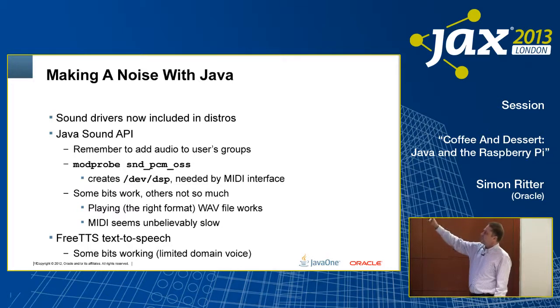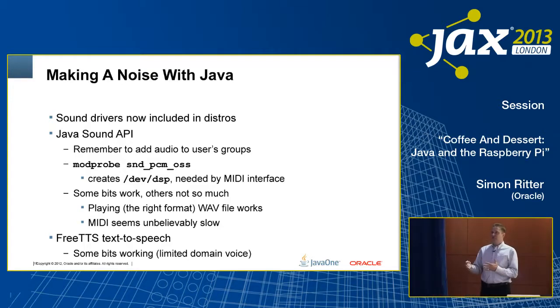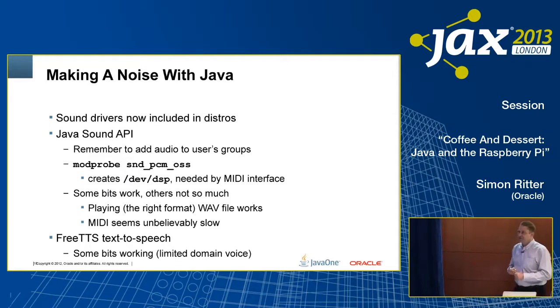One of the first problems was that the early distributions didn't have the sound drivers included by default, so you had to install those separately. That problem's gone away because the default distributions now have the sound drivers installed by default. There is a Java Sound API, and there are a couple of things you have to do in order to make that work.